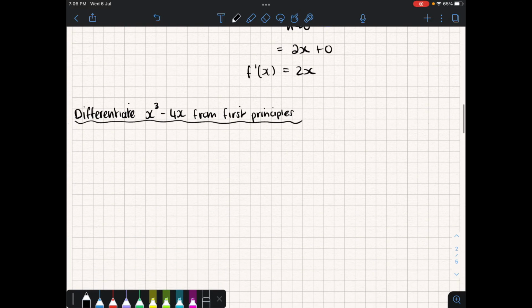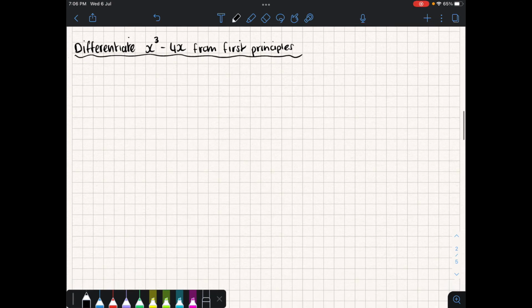We can continue this idea, and we can differentiate x cubed minus 4x from first principles. It'll give us a better understanding of where the rules of differentiation come from by evaluating what this looks like. So again, we are differentiating from first principles, so we need to state what we're about to use.